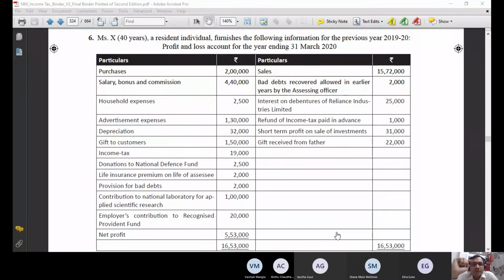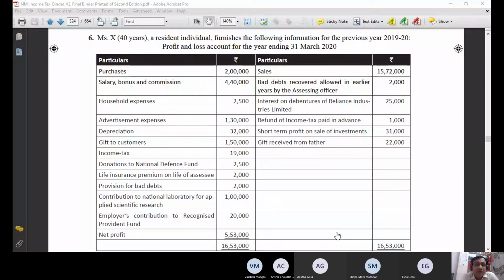This expenditure is not covered in that category. Then what is left? Only section 37 subsection 1 and section 37 subsection 2B. 37(2B) I have not yet discussed, ignore it for the time being. So it is not satisfying the conditions of section 37(1) because it is not a part of business expenditure. It is not necessary to run a business. So I will add it back.